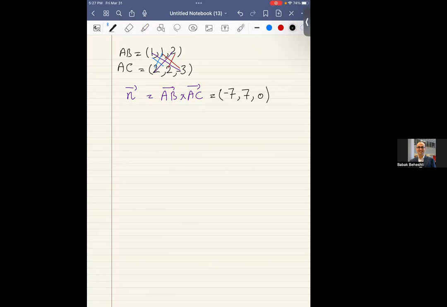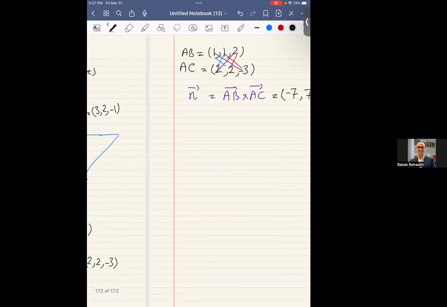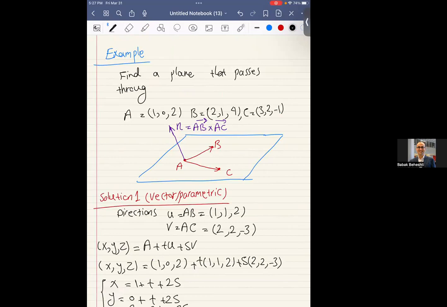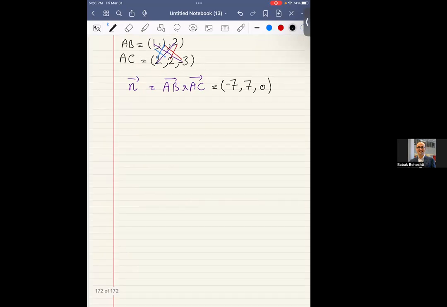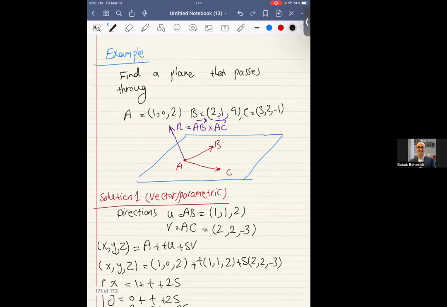And remember the equation of a plane with normal n. We have 3 points, so I can take any of them. This is the normal, and I know that it passes through A equal to 1, 0, 2.